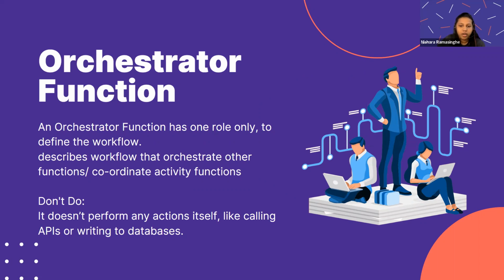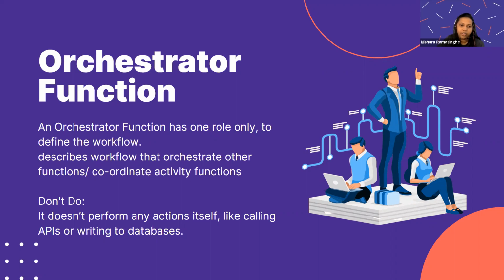An orchestrator function has only one role, which is to define. It's like a manager, as in the image I use here. Inside this orchestrator, it defines the workflow, and inside that workflow we can orchestrate the other functions.